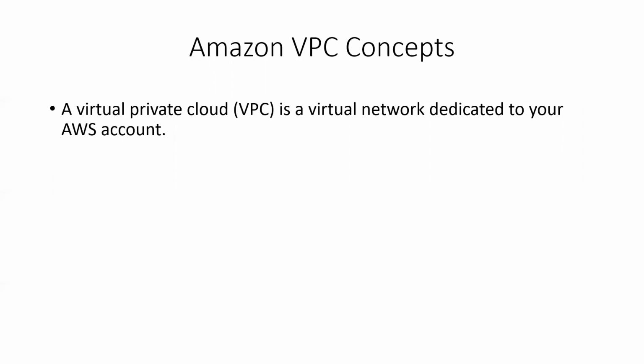So VPC is a virtual network dedicated to your AWS account. You can create multiple VPCs. It's typical to have multiple VPCs, one per environment. Let's say you have a QA and prod environments.